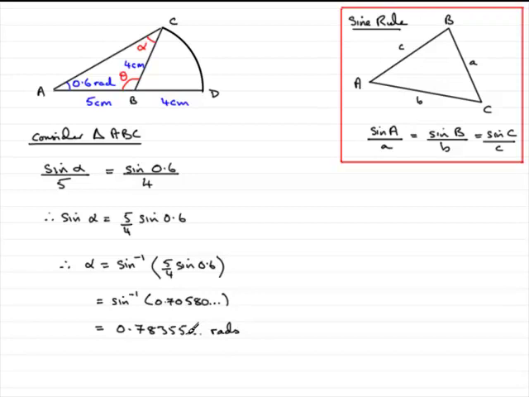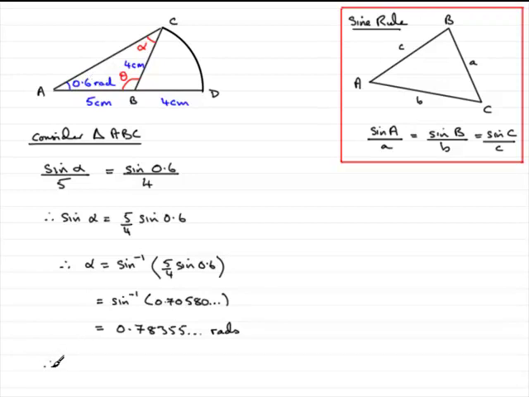Now I'm not going to round this up because we need to work out angle theta. So knowing that all three angles add up to, well, normally 180 degrees in any triangle, but we're working in radians, as I said earlier, so that's pi radians.